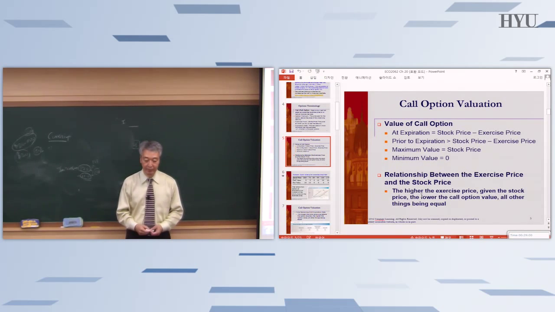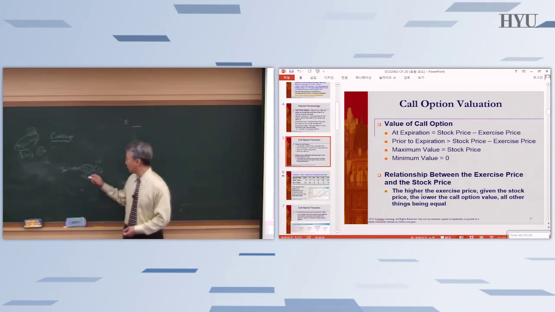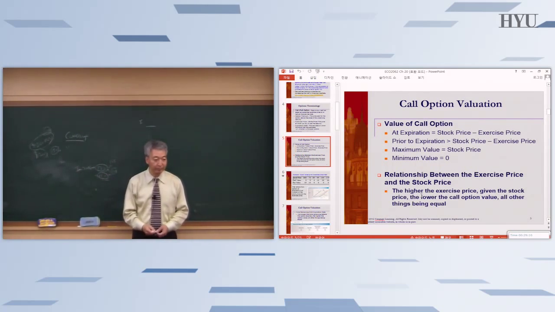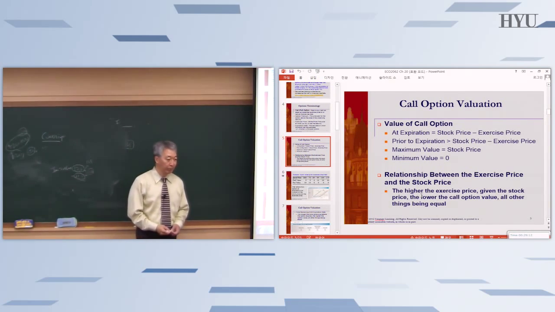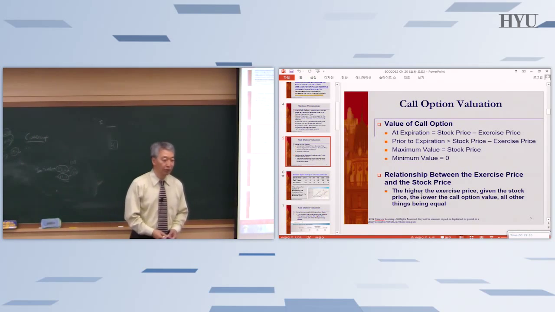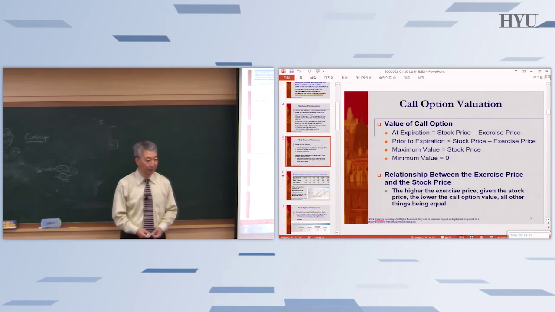So in no case will you. Right now, the stock price is $120, right? That means you can purchase this stock at $120. There is no reason to buy an option to buy this stock at $120, right? You understand?